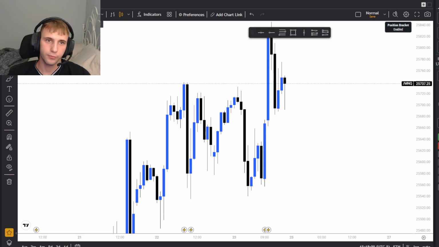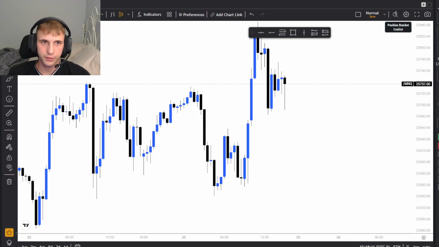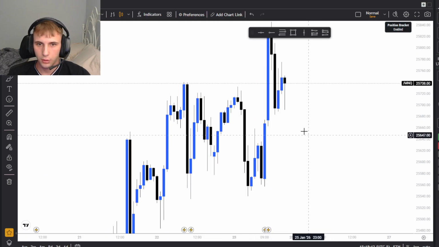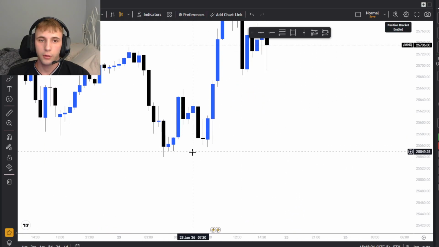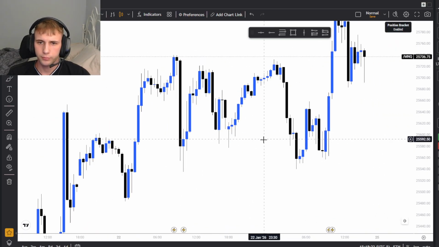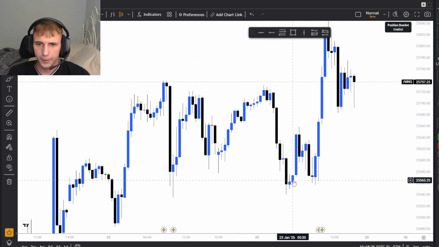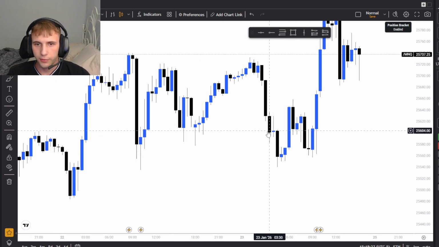Okay, so what do I mean by this? Let's go on the hourly time frame, and let's go back down on the 30-minute time frame. Let's say this for example. What do we have here? We have a low.